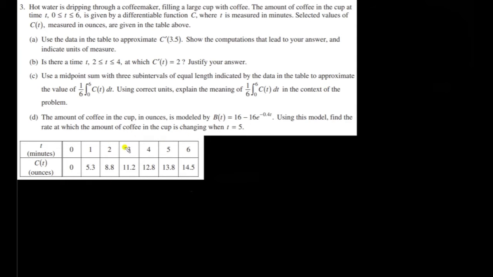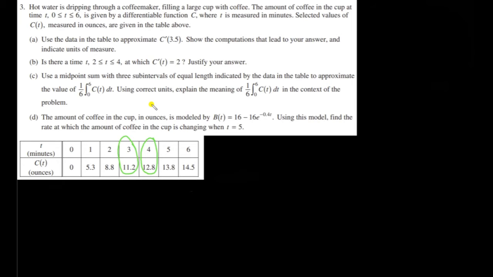Okay, so we don't know a function c that we can actually take the derivative of and plug in t equals 3.5. So what we have to do is find two points that are around t equals 3.5. In this case, those two points are 3 and 4, and we need to find the slope between those two points.